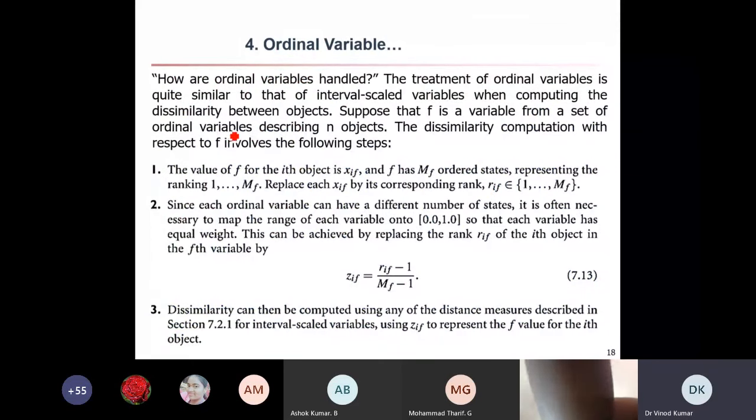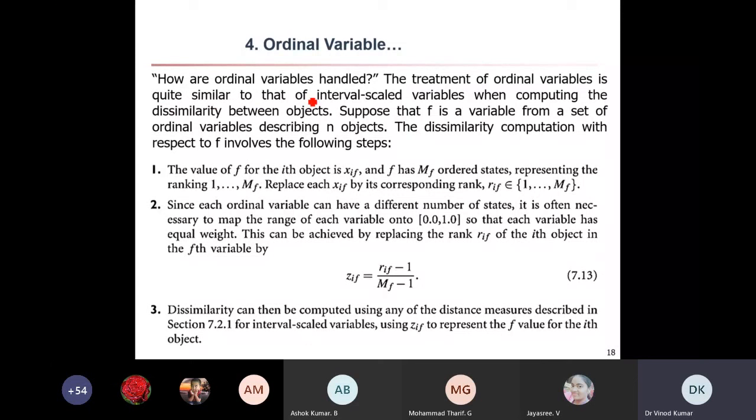So for handling ordinal variables, we have some methods. How are ordinal variables handled? The treatment of ordinal variables is quite similar to that of the interval-scaled variables that we already discussed. When computing the dissimilarity between objects, for f a variable from a set of ordinal variables describing n objects, the dissimilarity computation involves the following steps.